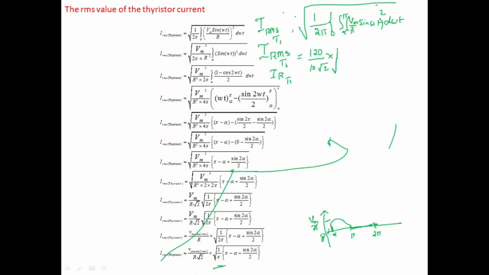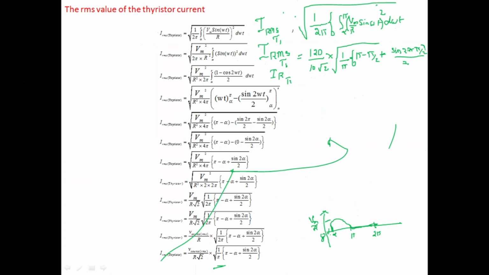So divided by 1 by pi, times pi minus alpha, it is pi by 2, plus sine 2 alpha. So sine 2 into pi by 2, divided by 2.